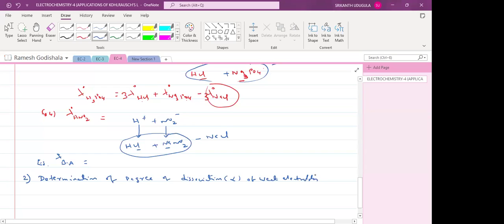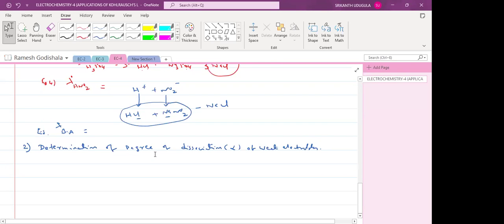Alpha is the extent of ionization or degree of dissociation of a weak electrolyte.